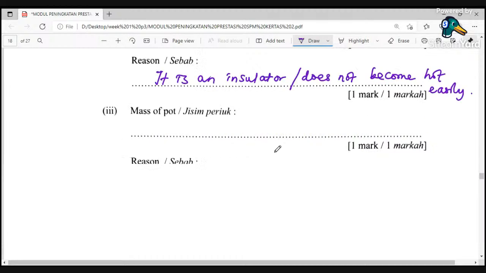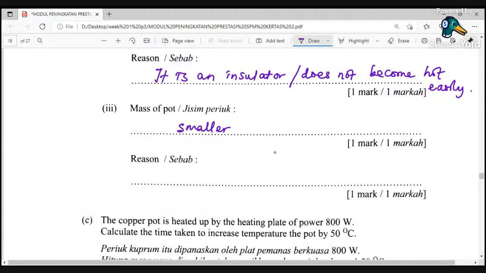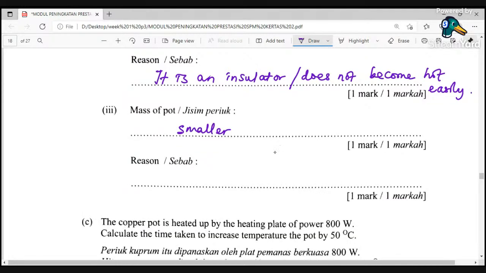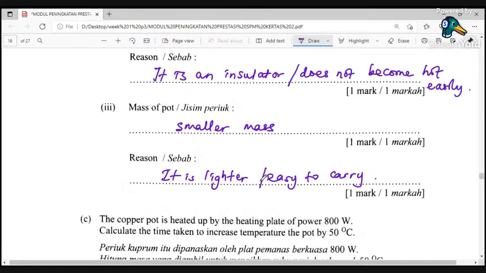Mass of pot, smaller mass. So it is lighter, thinner, easily to carry. Okay. Bagi reason yang sesuai lah.